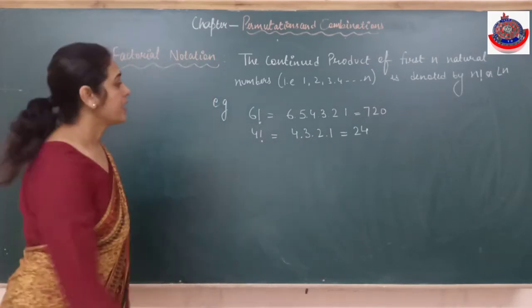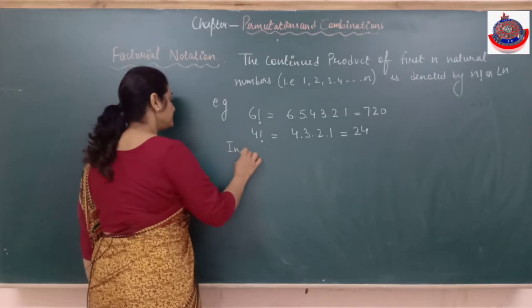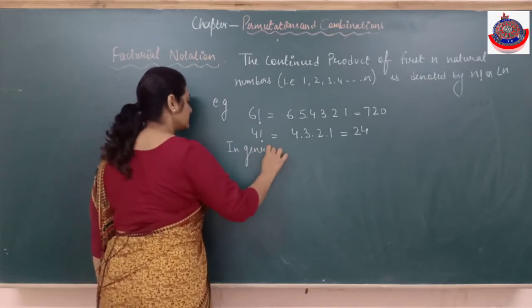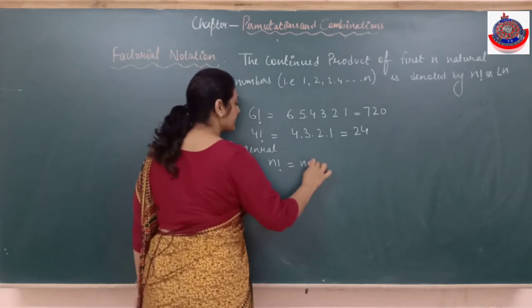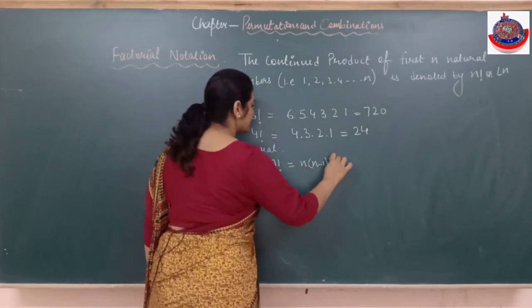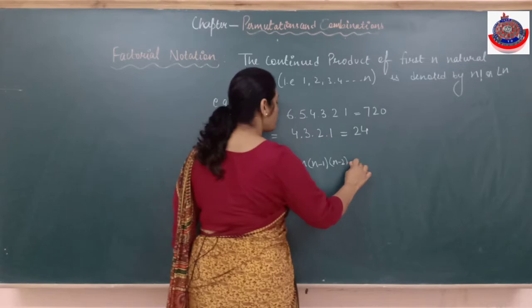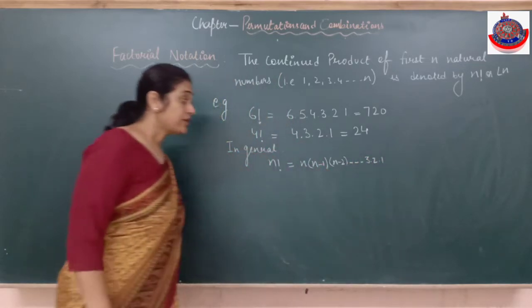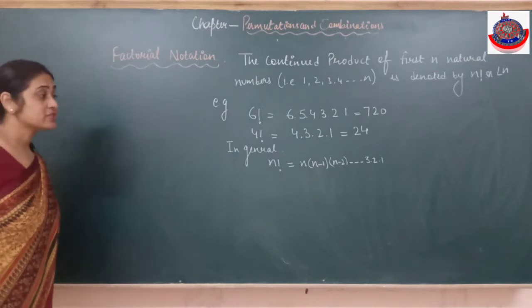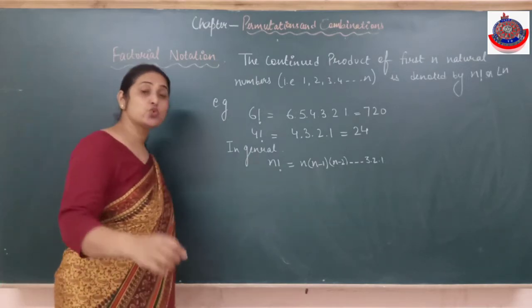go till 1. That means in general, n factorial means keep reducing by one: n into n minus 1 into n minus 2 up to 3, 2, 1. So n factorial is n into n minus 1 into n minus 2 up to 3, 2, 1.